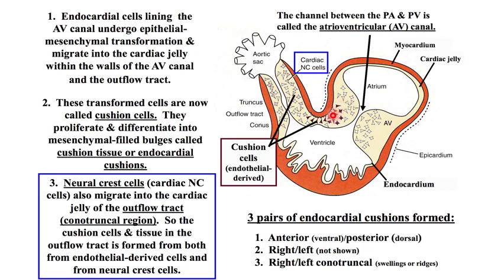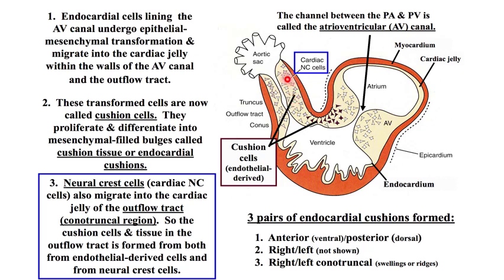Similarly, these mesenchymal cells also proliferate in the cardiac jelly of the bulbous cordis portion as well. Here the importance which has to be remembered is the contribution from the cardiac neural crest cells via the second heart field or the secondary heart field, because secondary heart field is responsible for the growth of the outflow tract and the development of the septal formation as well.